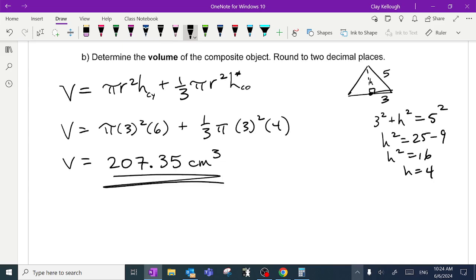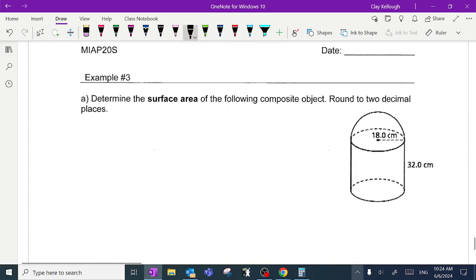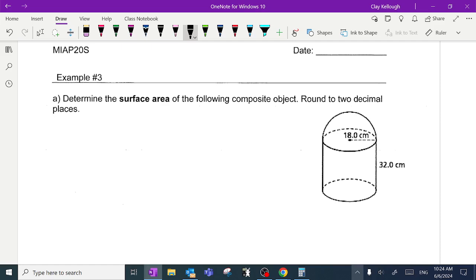What if we stuck a hemisphere on top of a cylinder? Actually, this looks more like a grain silo. So surface area is, okay, what is my surface area here? Well, I have a circle down here. There's pi r squared.